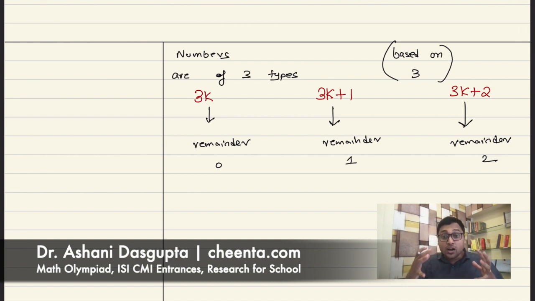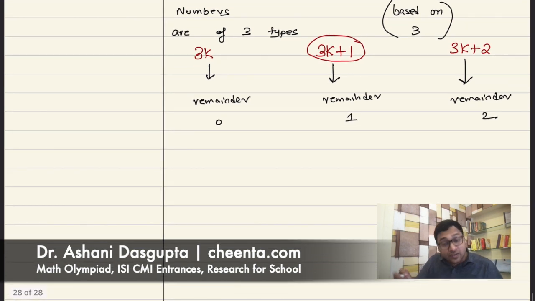So when we want to prove a theorem about forms of a number, we have to use the form, the structure, not the number itself. For example, if I prove a theorem for every number of the form 3k plus 1, then I have proven it to be true for numbers like 4, 7, 10.